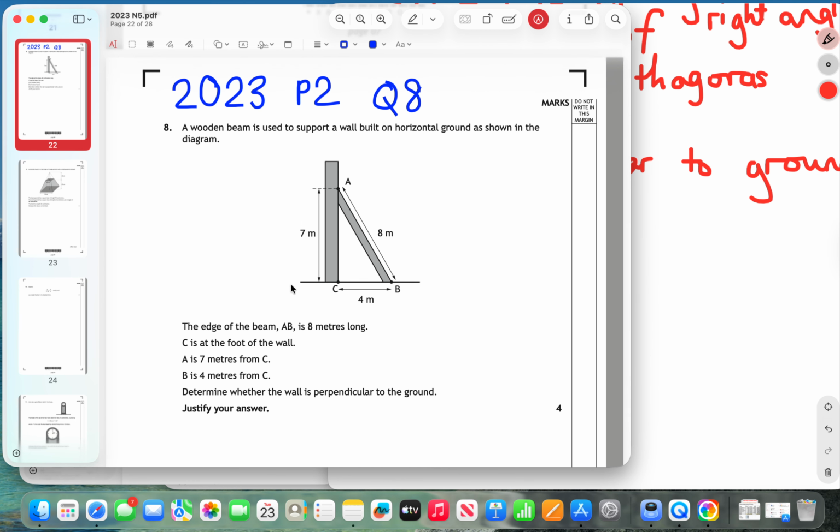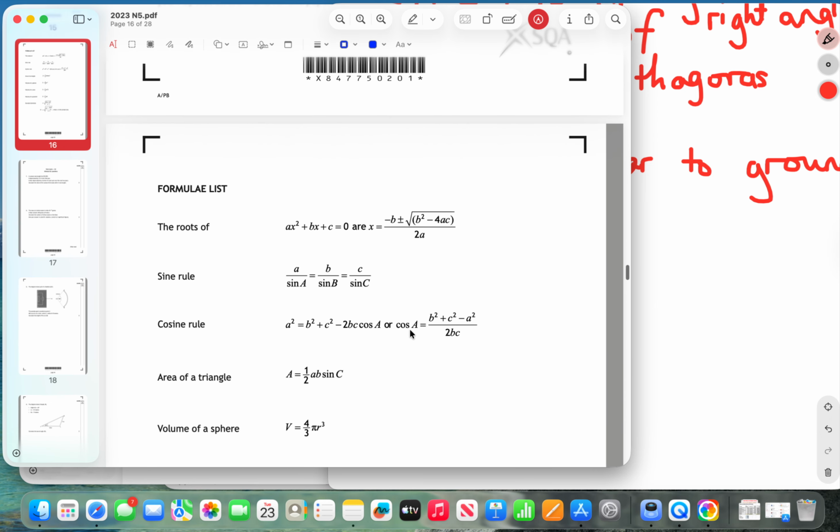We have a triangle and we have three sides, and we have to find the angle C. If you've noticed the cosine rule, this version of it, you've got three small letters on the right hand side which represent the sides, and the capital on the left hand side is an angle. But we won't use capital A, we'll use capital C, because that's the angle that we want to find out.